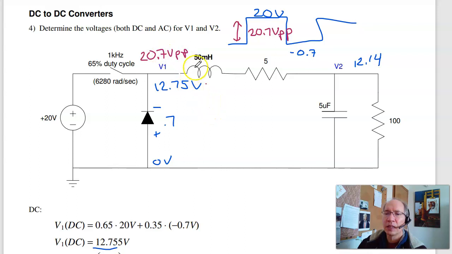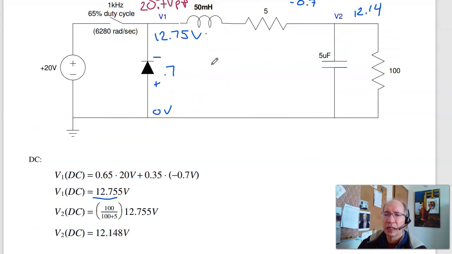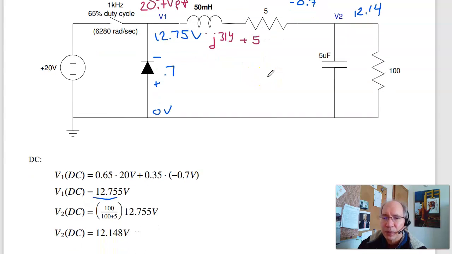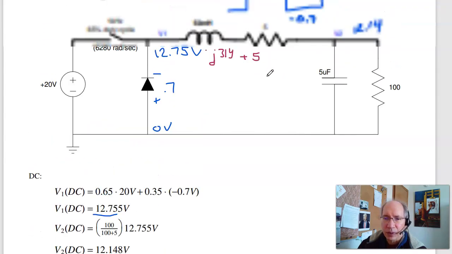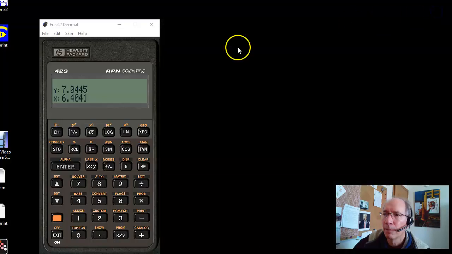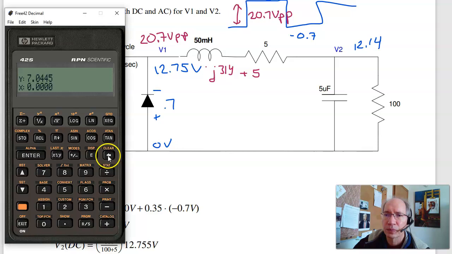The inductance becomes j omega L. That is j314. And this is 6280 times 0.05, which gives you j314 ohms, plus 5. The capacitor, what is the capacitor? It is 1 over j omega C. Let's work that out. So it's 6280 radians per second.